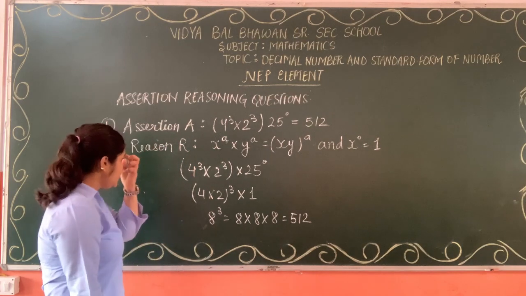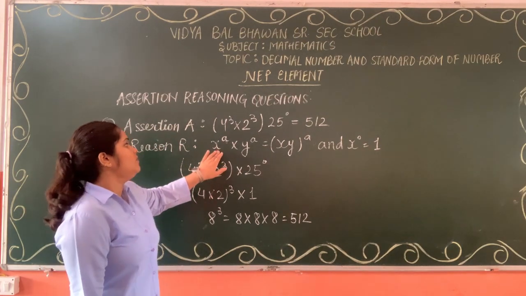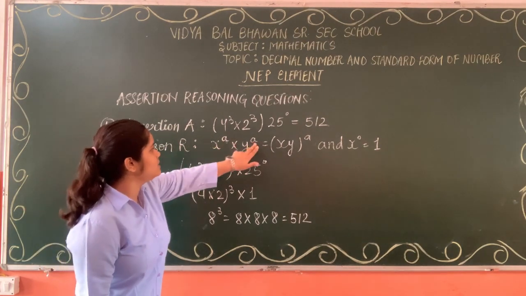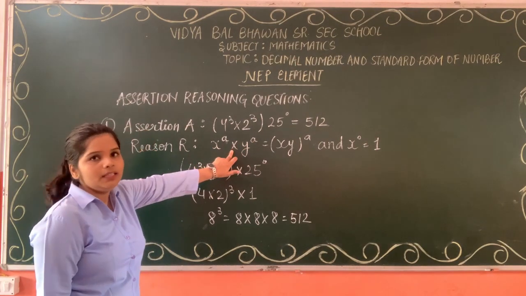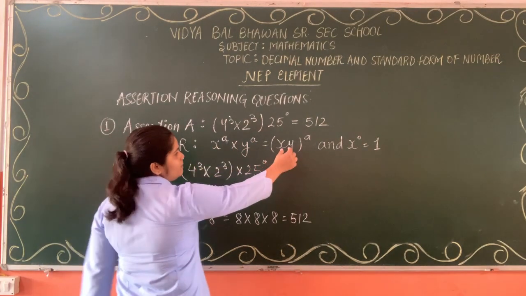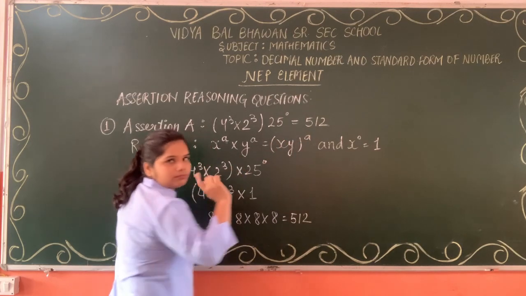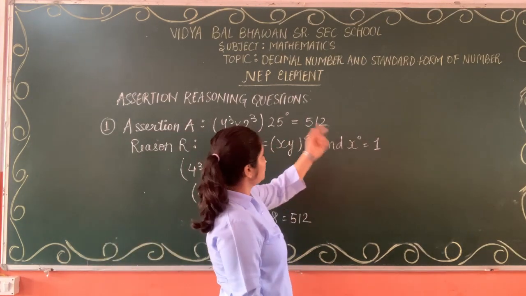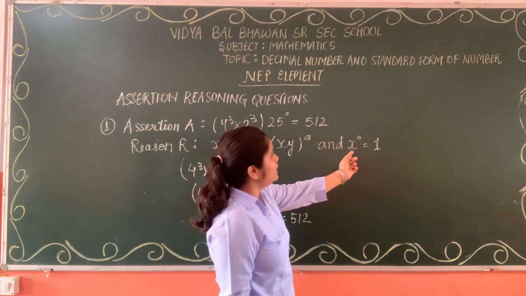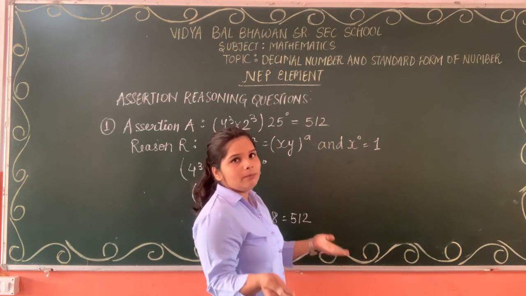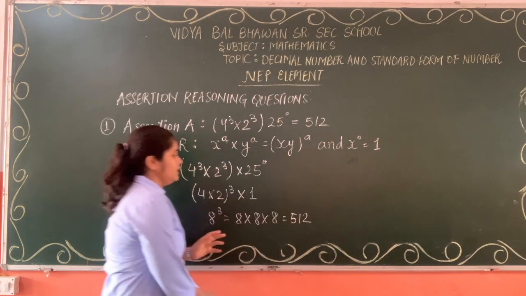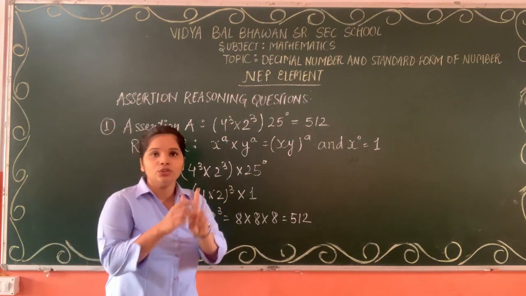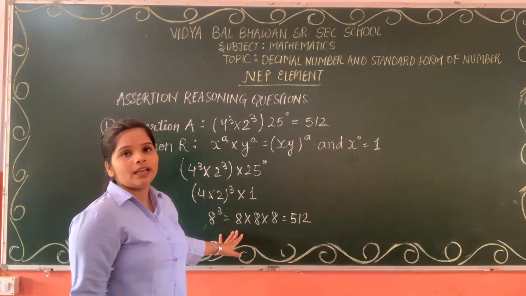Okay. Now the reason is given. If the bases are different, powers are same and they are being multiplied, we multiply the bases and write the power once. That's correct. And the second one we are using in this solution, x raised to the power 0, any number raised to the power 0 is equal to 1. That's also correct. These are the two laws we have used in this calculation.